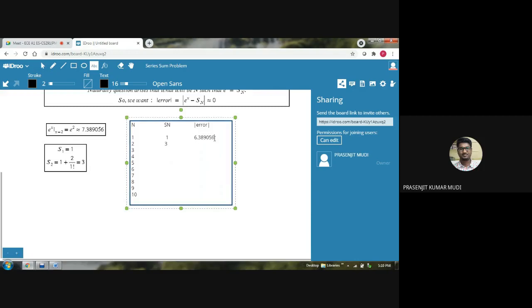This much is the error. The error is very large. Certainly, you can't consider only one term into the series expansion for calculation of e to the power x value, right? So you add another term, and now you calculate what is the error.